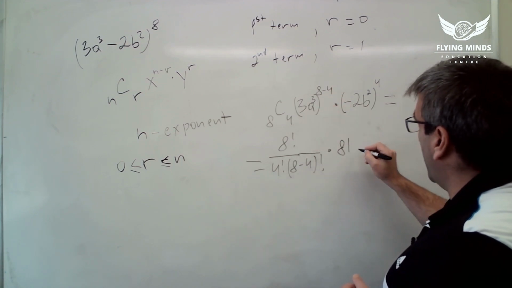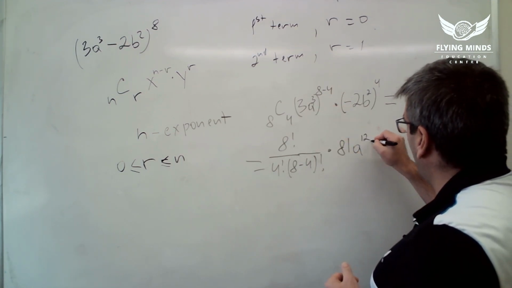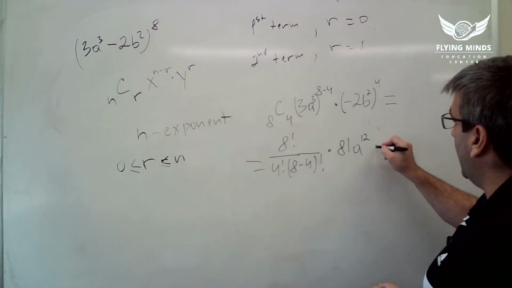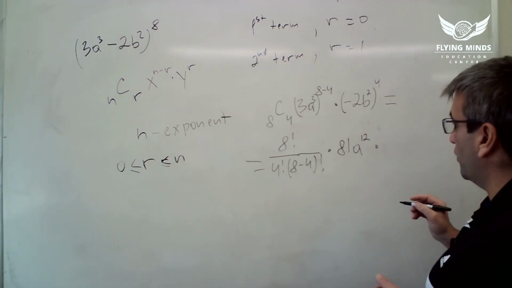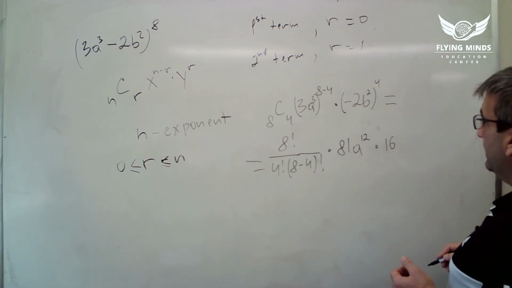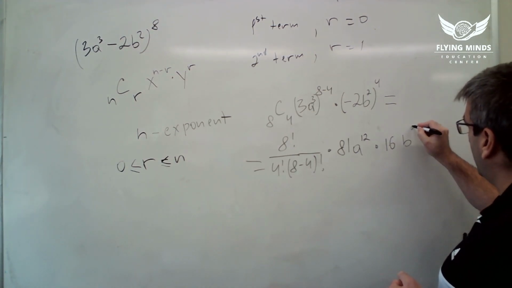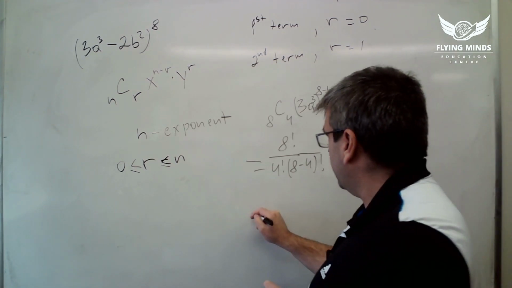A cubed to the power of 4 will be a to the power of 12, times negative 2 to the power of 4, which will be 16. And b squared to the power of 4 will be b to the power of 8.